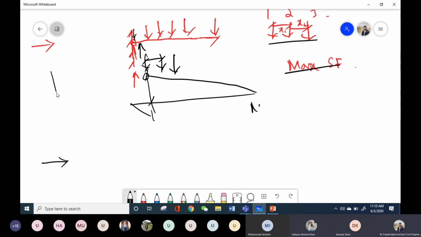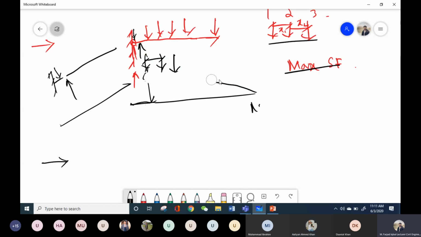Again, we cut the beam into two sections, just like this one, and plot the deflected shape. This left part, by the way, won't be moving anywhere. This left part will remain as it is since there is a fixed support, and this right part will obviously, sorry, I plotted this ILD wrong.